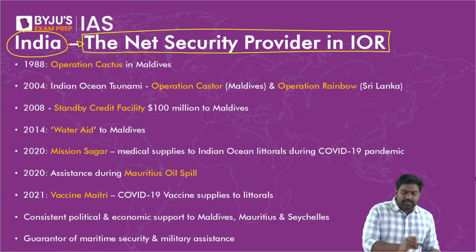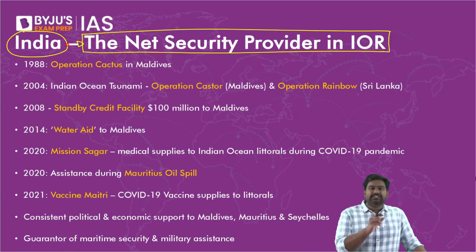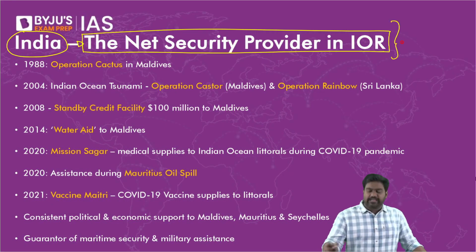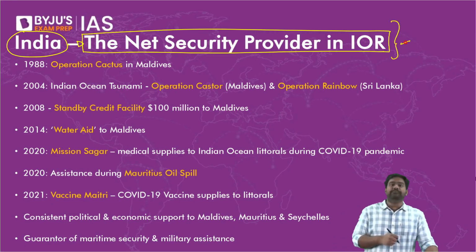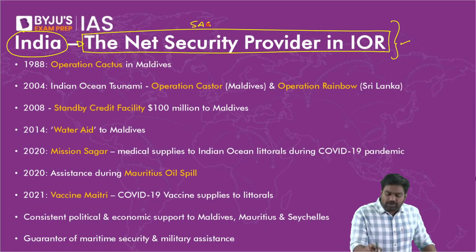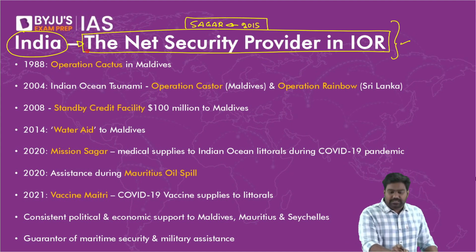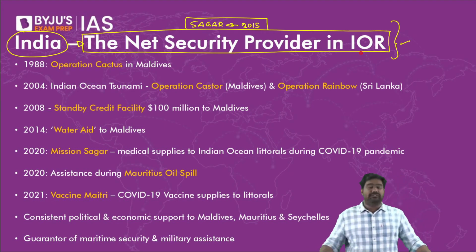If you remember, in the previous class, I started this chapter by giving a general discussion on the Indian Ocean region. I explained why the Indian Ocean is important to India, what the Sagar doctrine of India is, which was launched by Prime Minister Modi in 2015, and how India envisions itself as the net security provider of the region.